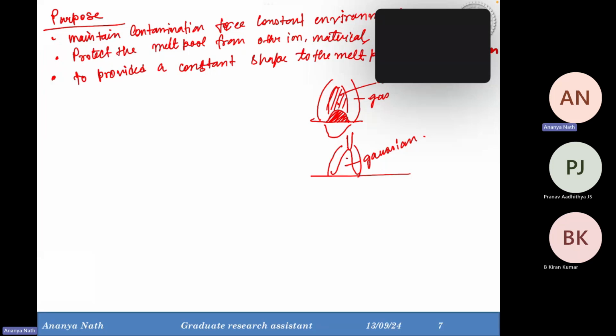What do you feel? Whatever you understand, whatever you feel, you can discuss. In the case of increasing the temperature, ma'am. But we are talking about the gas flow rate, not the temperature.